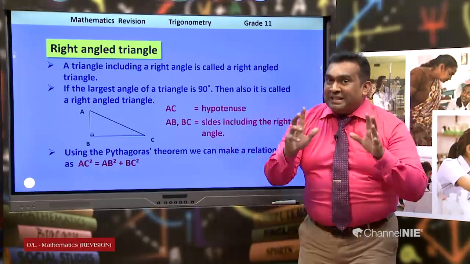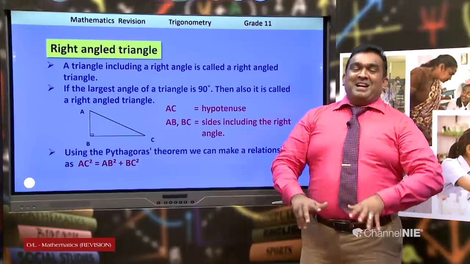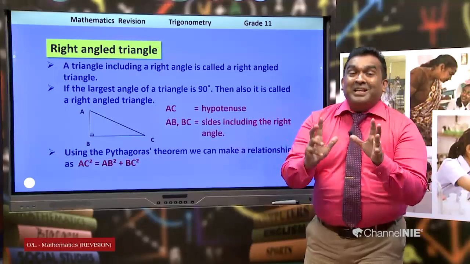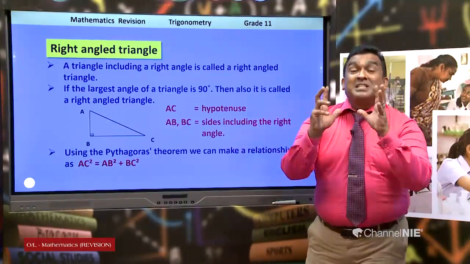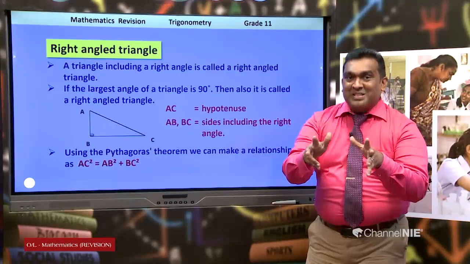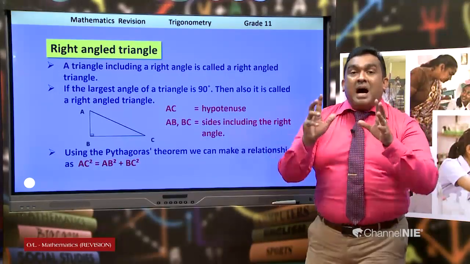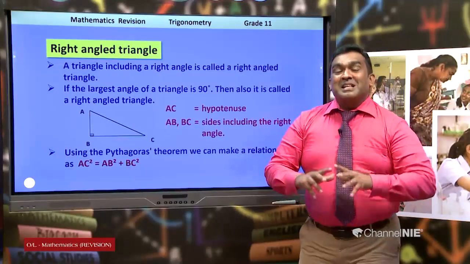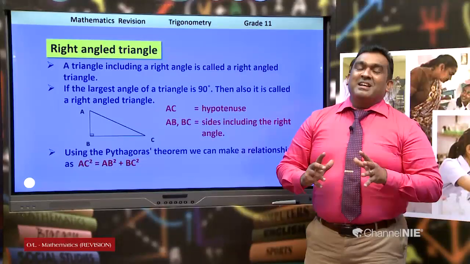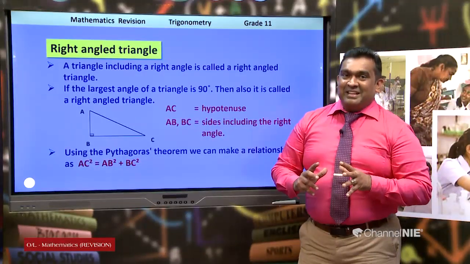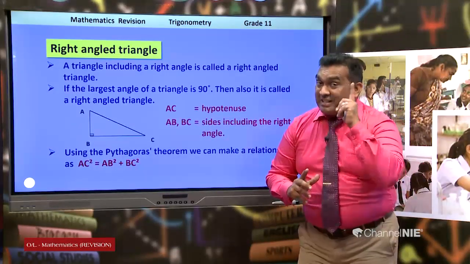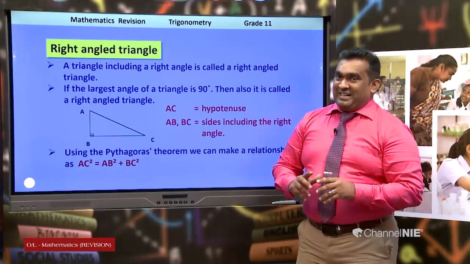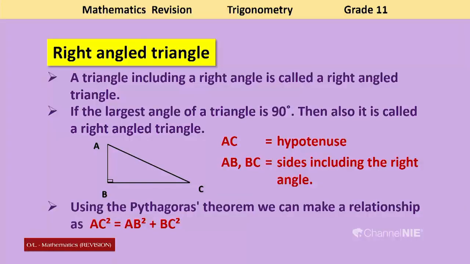According to the Pythagoras theorem, the area of the square on the hypotenuse is equal to the sum of the areas of the squares on the sides including 90 degrees. I suppose that you understood it well. We can see AC squared is equal to AB squared plus BC squared.